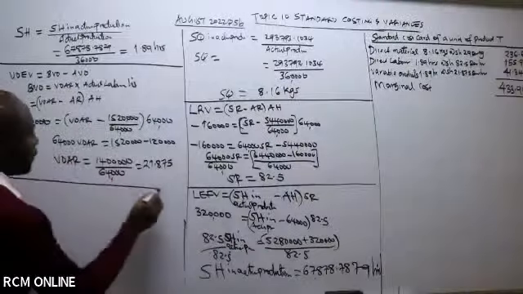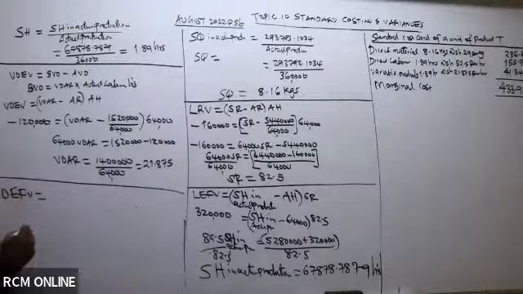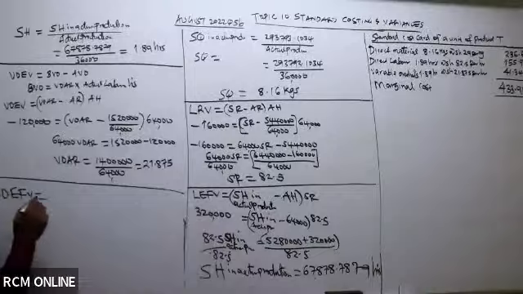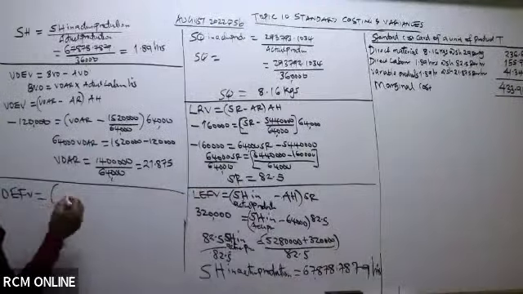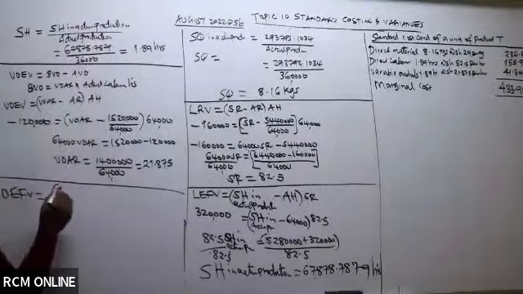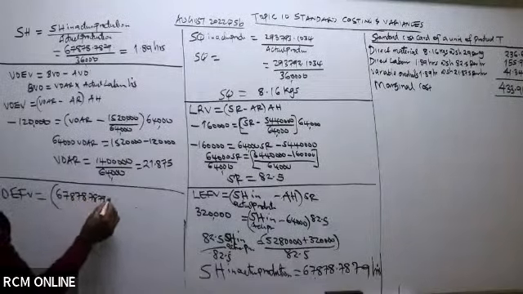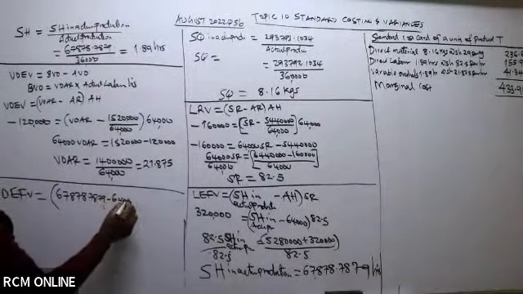Variable overhead efficiency variance is equal to, look at labor efficiency variance. We repeat the same thing: standard hours in actual production, which was 678.7879, minus actual hours in actual production, which was 64,000, right?